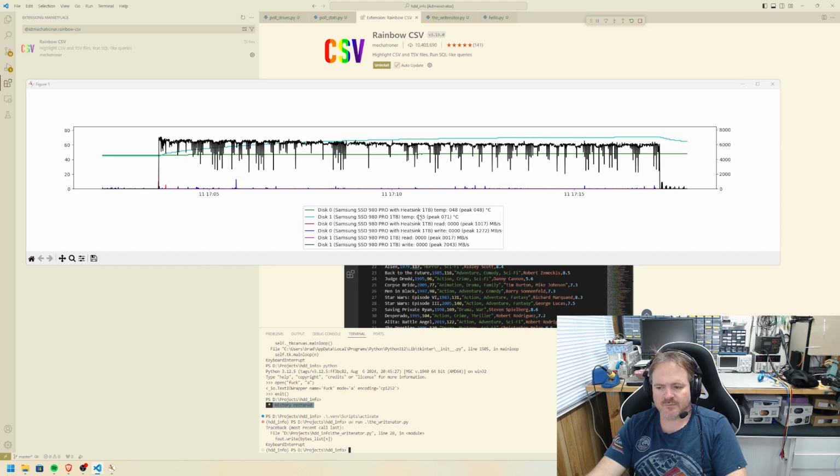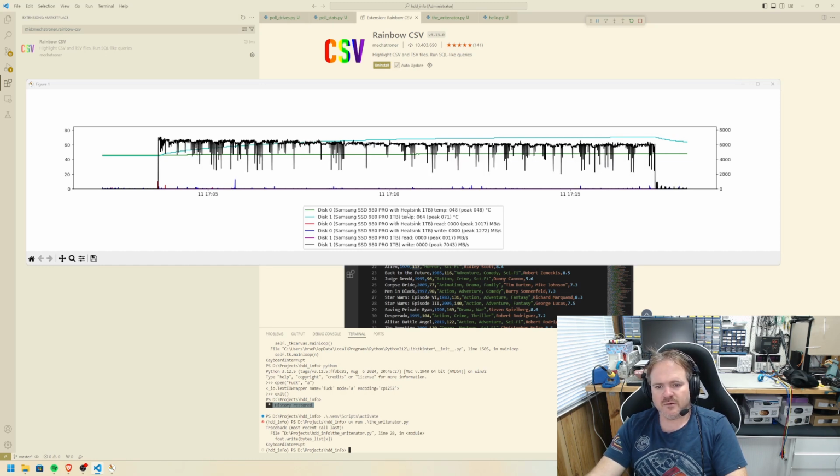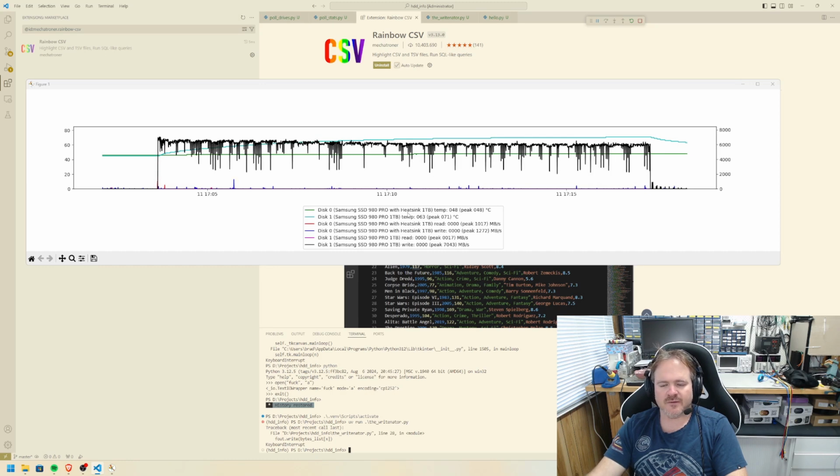But yeah, definitely we crossed 83. We peaked at 83 degrees centigrade on our earlier testing with no heatsink, and on this occasion we peaked at about 71. So we might have reached 72 given enough time, but I think enough time has elapsed, so I'm calling it there.